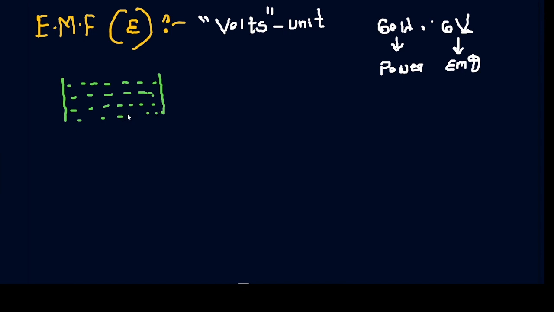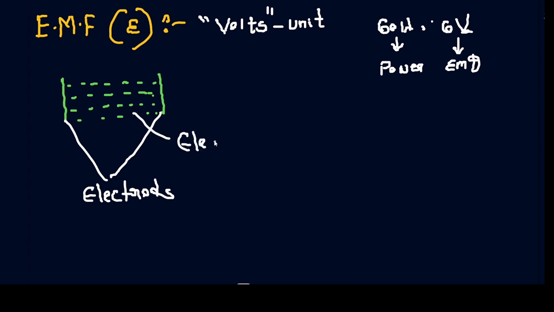We call this solution the electrolyte. Electrolyte is a chemical solution, while electrodes are the conductors. Now, what's happening between these two?